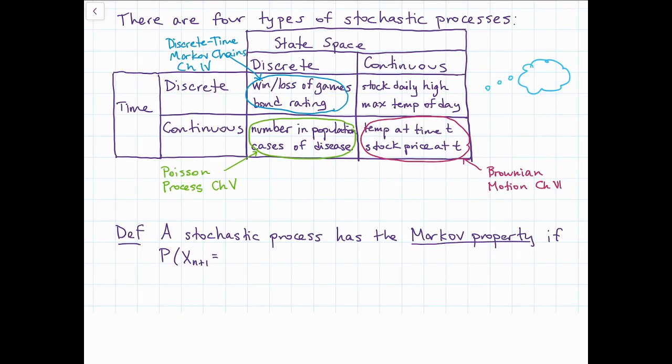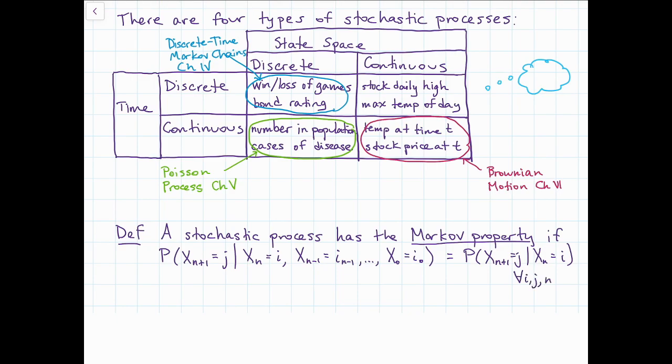If the probability that the process is in state j at time n+1, given the whole history of the process, so the process being in state i at time n, and in all of its other previous states at all of its other previous times, is equal to the conditional probability that the process is in state j at time n+1, given it's in state i at time n. And this would have to be true for all values of i, j, and n.